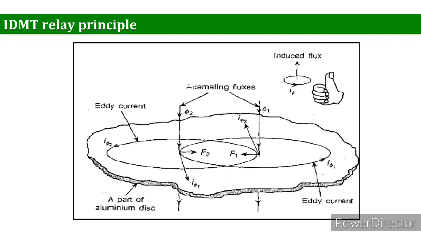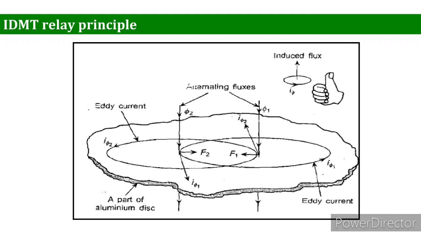So we can say the two fluxes, which are represented by phi 1 and phi 2, have a phase difference of theta between them. Each flux induces a voltage in the disk and hence gives rise to eddy currents. Those currents can be denoted as I phi 1 and I phi 2.